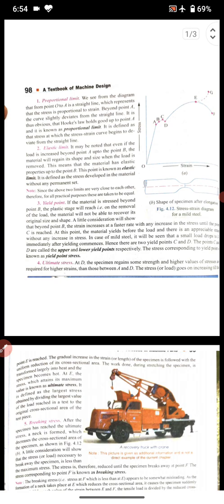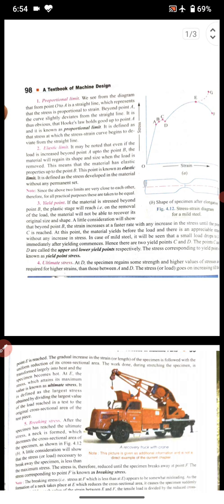Means if you increase the load beyond A but up to B, beyond A but up to B, the material will regain its shape and size when the load is removed.